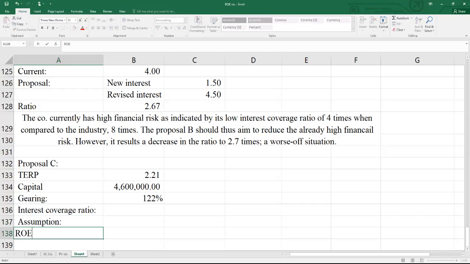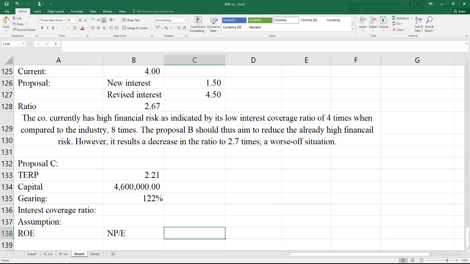Return on equity: we determine how much the company's current investments yield. Return on equity is simply the net profit divided by equity.